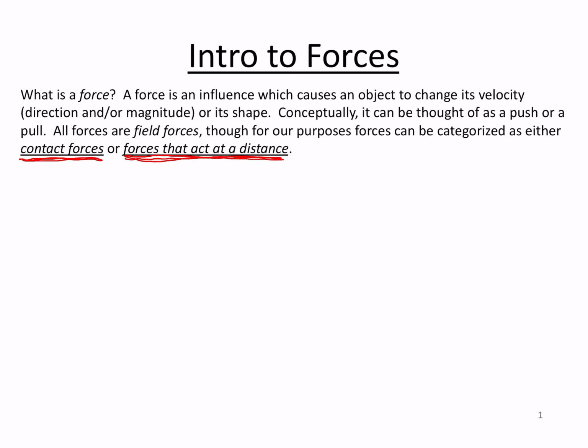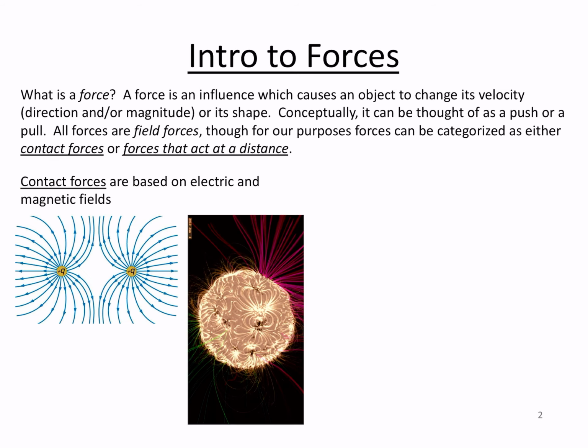In fact, the contact forces themselves are a result of electric and magnetic fields, which arise from electric charge. So here we're looking at two positive charges and a map of the electric field around those two positive charges, which gives you an indication of the direction that other charges would feel an electric force within that electric field.